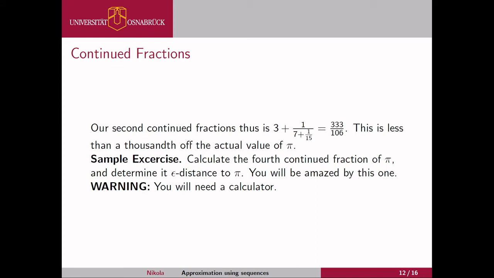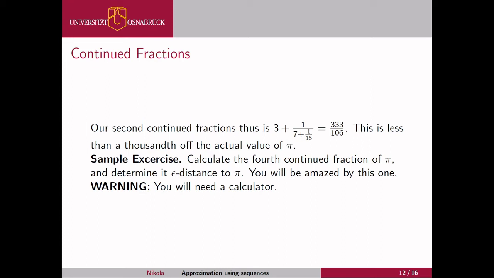And this is 3 plus 1 over 7 plus 1 over 15, which if we put into a single fraction is 333 over 106. And if we put this into a calculator, you get within 1,000th of the actual value of pi.